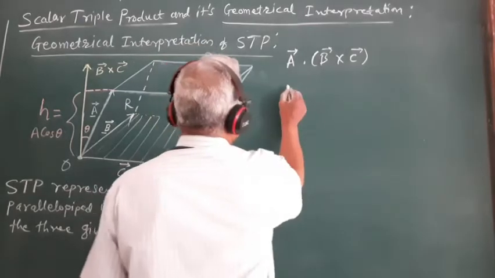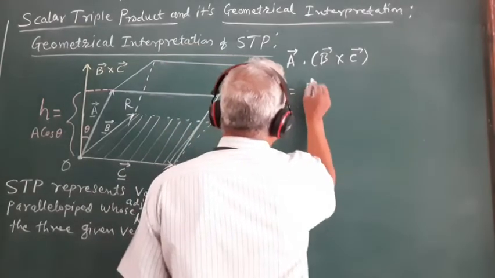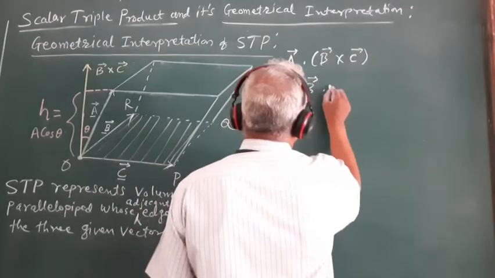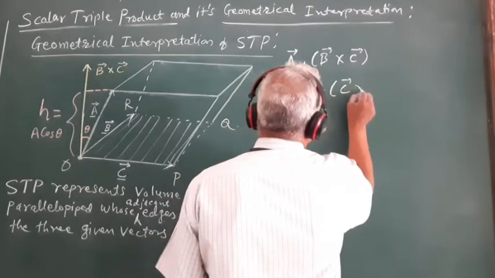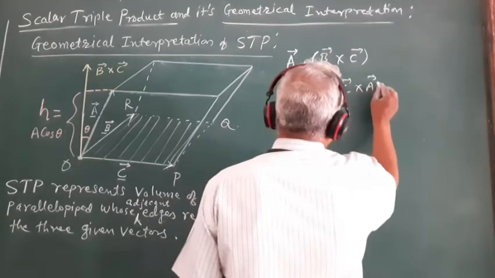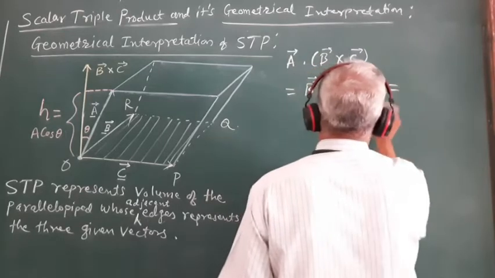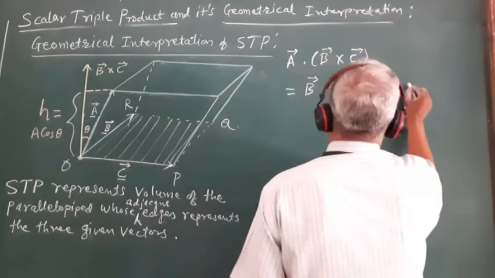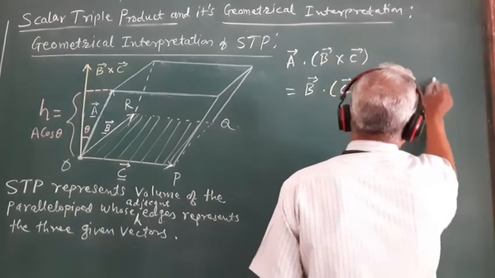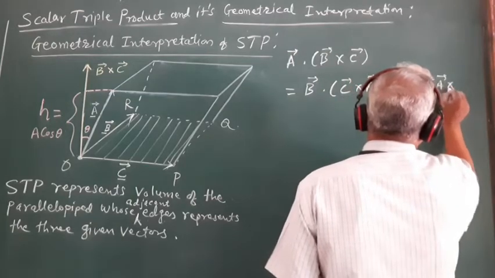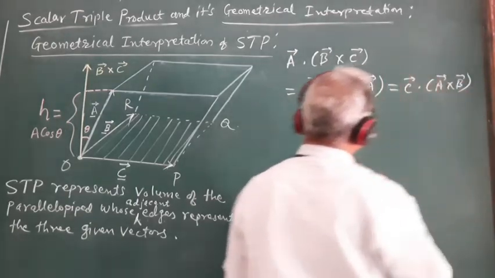in other forms as b bar dot c bar cross a bar. Again it is the same as c bar dot a bar cross b bar.